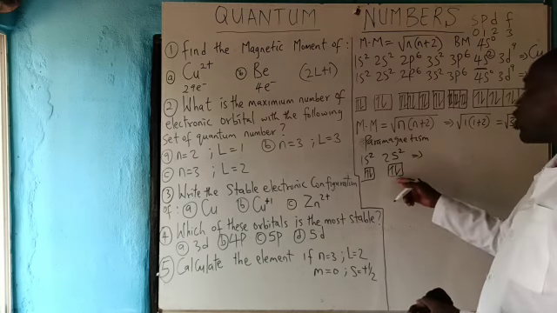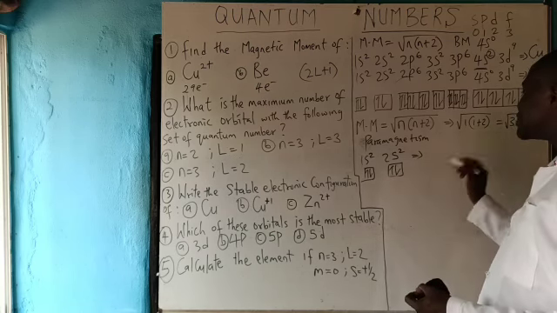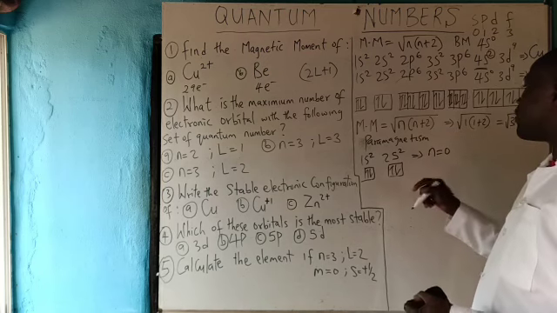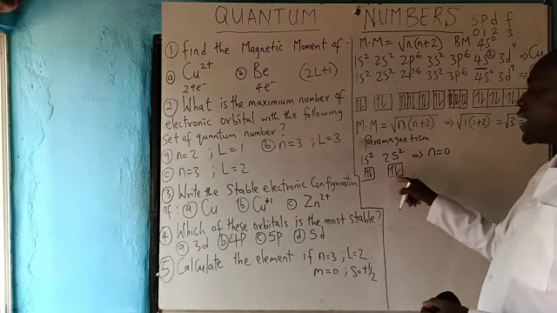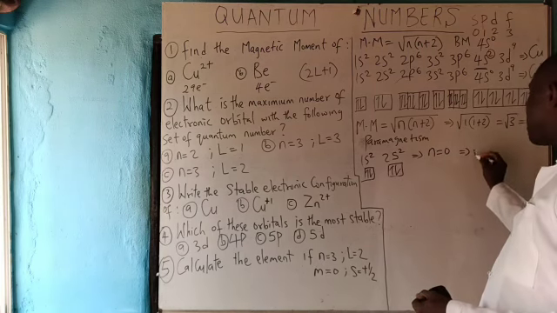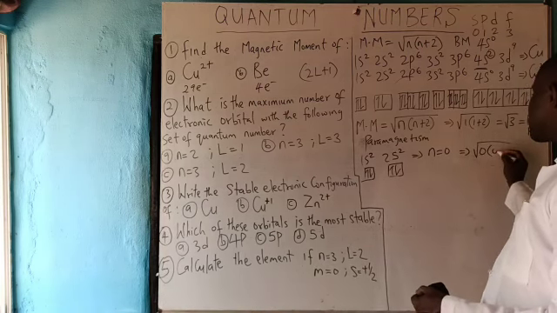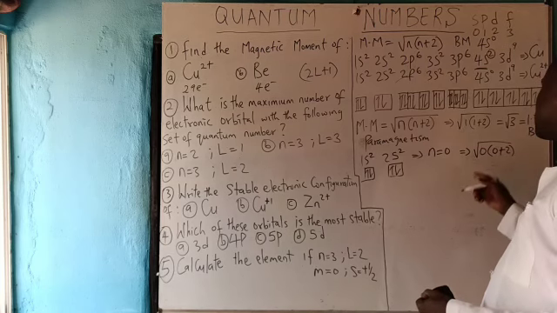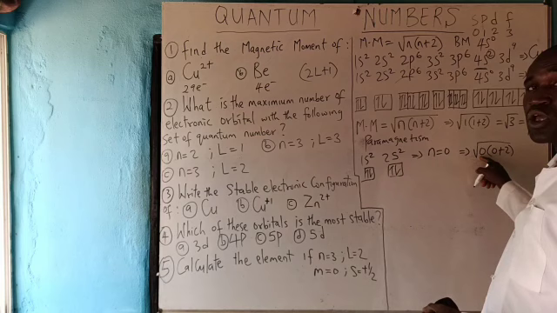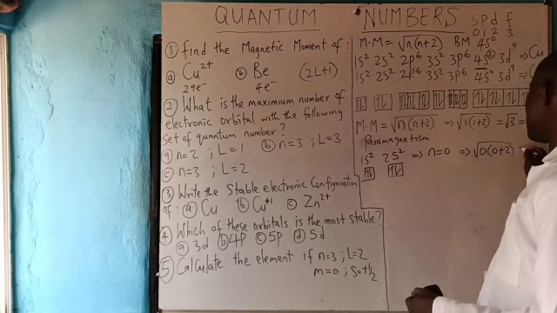And because there is no orbital that is unpaired, we say that n will be equal to 0. Therefore, the magnetic moment will be square root of 0 plus 2. 0 plus 2 is 2. 2 times 0 is 0. Square root of 0 will be 0 Bohr magneton.